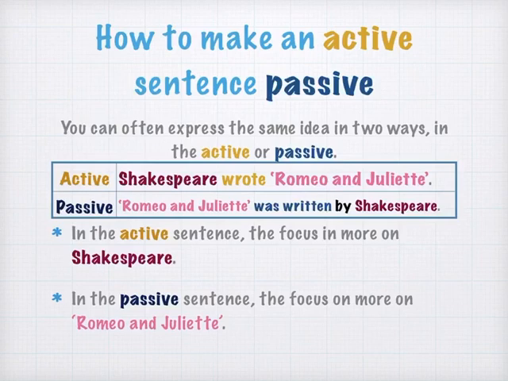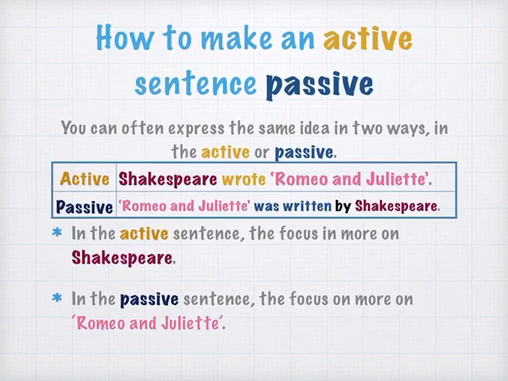Now, how to make an active sentence passive? Well, you can often express the same idea in two ways, in the active or the passive. Now let's look at my example. I have an active sentence: Shakespeare wrote Romeo and Juliet. My passive: Romeo and Juliet was written by Shakespeare. Can you see?